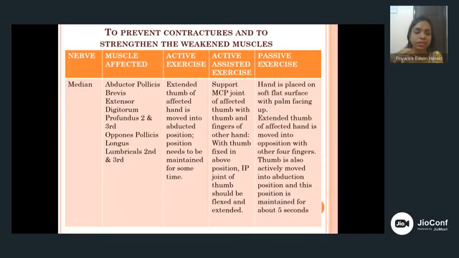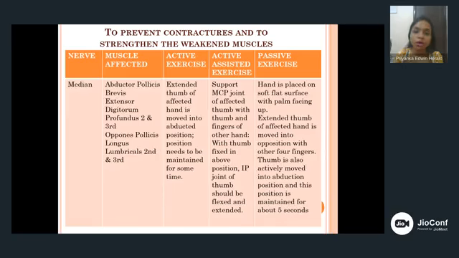Now next is the median nerve. The median nerve supplies the thenar eminence muscles, and we have to give the active exercises for this. So just simply we ask the patient to abduct the thumb and do the opposition of the thumb to all the fingers. These are the active exercises for the median nerve.